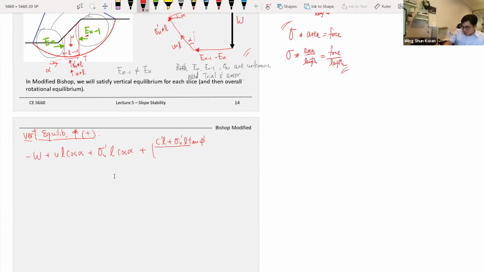And you assume a factor of safety. We will get back to this factor of safety later. So the factor of safety comes with the frictional force at the bottom of the slice. Just trying to be consistent with my previous slides. So the vertical stress here means the normal stress at the bottom of the slice. And this is what we try to solve for at the end of the day, right? The normal stress.